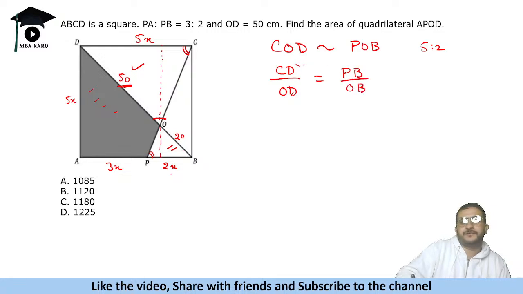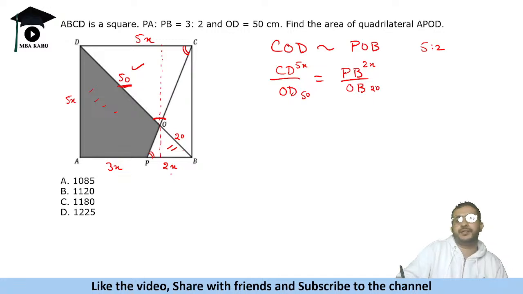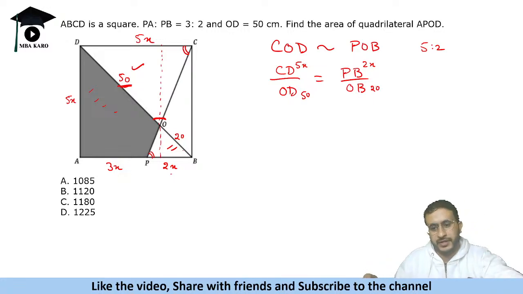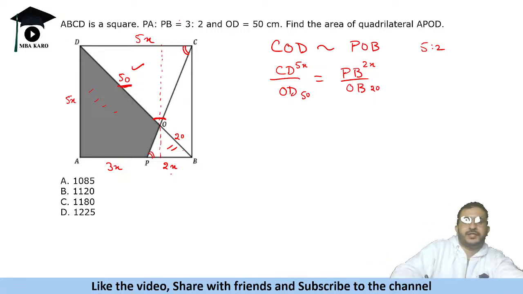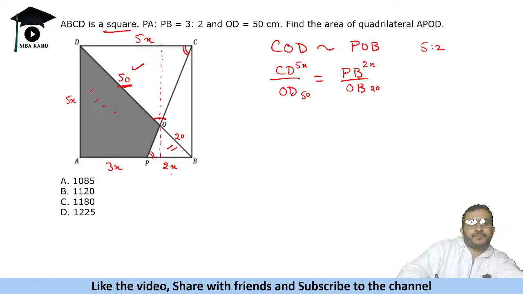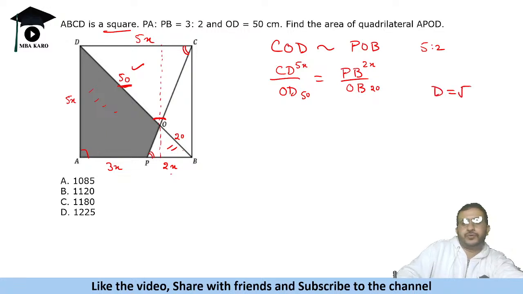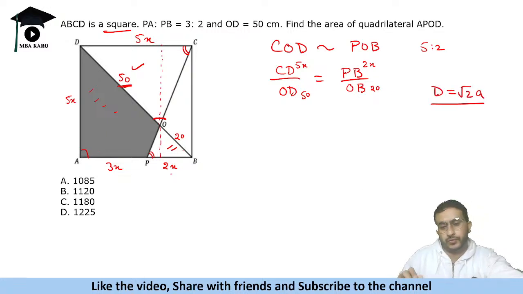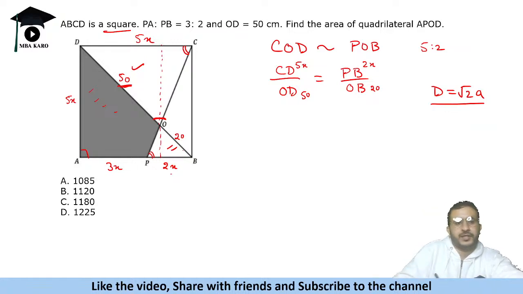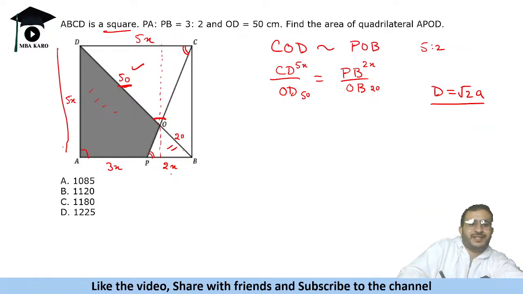CD is 5x, PB is 2x, this is 50, so this has to be 20. Okay, 20 came. Now this is a square. This is the diagonal. Diagonal is 70. Diagonal is root 2 a, root 2 times the side of the square. So this side length is 35 root 2.